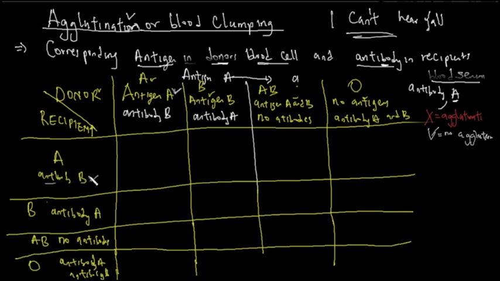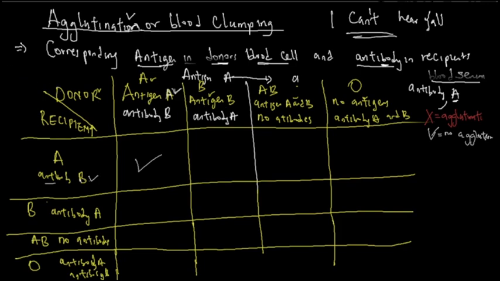Remember, for there to be a problem, the antibody of the recipient has to be the same thing as the antigen of the donor. So would there be any issue in this case? Exactly, so there will be no agglutination. Is this clear? Okay, now can we continue?